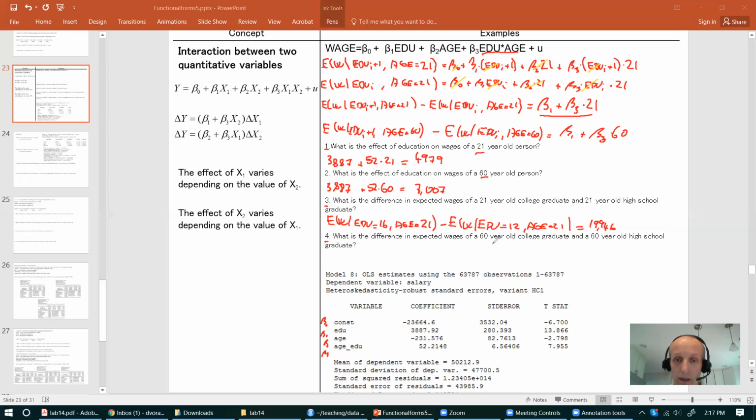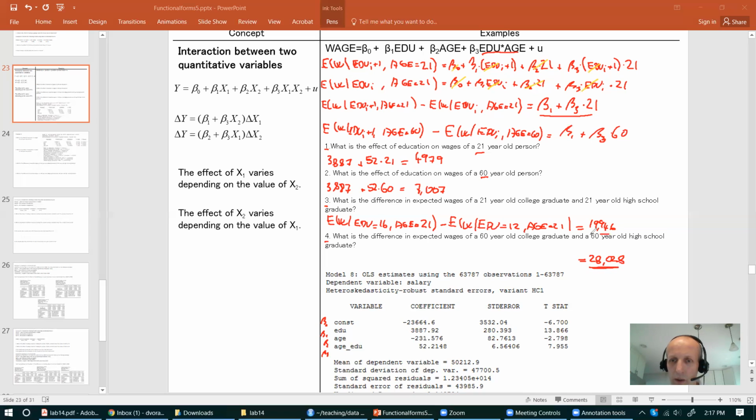So the difference between expected wages of a 60-year-old college graduate and a 60-year-old high school graduate, I won't write it all out, but you can certainly do this at home, is going to be bigger than 20,000. It's going to be 4 times 7,000, which is roughly 28,028.